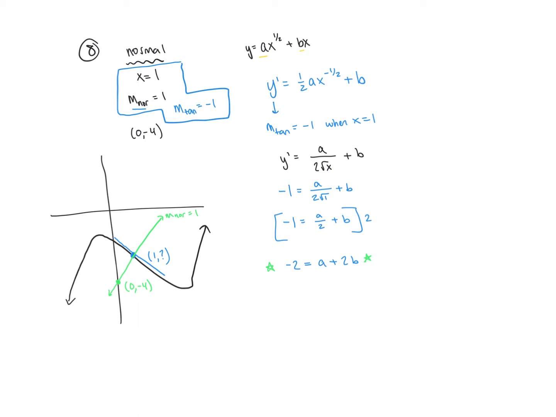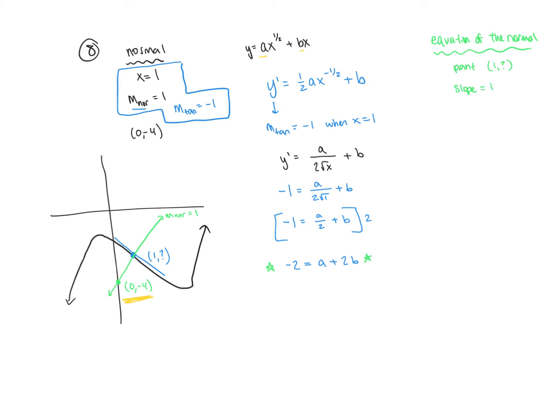For our next equation, we know that the point (0, -4) is on the normal. So I'm going to find the equation of the normal, and then plug in the point (0, -4). To find the equation of a normal, we need a point, and we have the point (1, something), and we need the slope, and we know that the slope of the normal is 1.